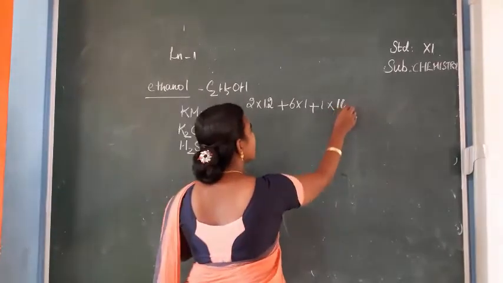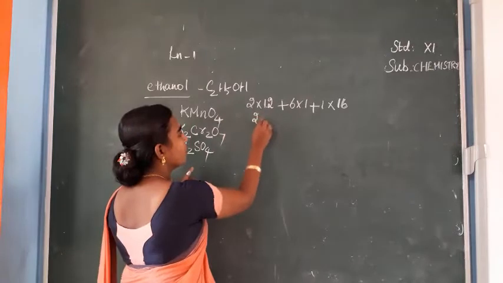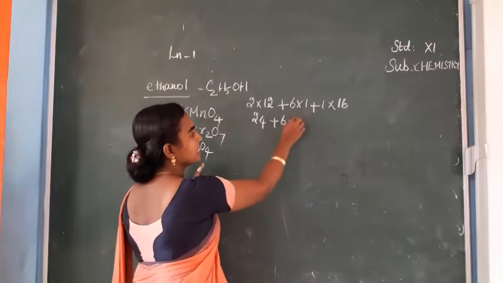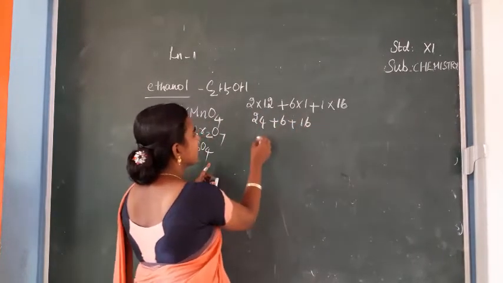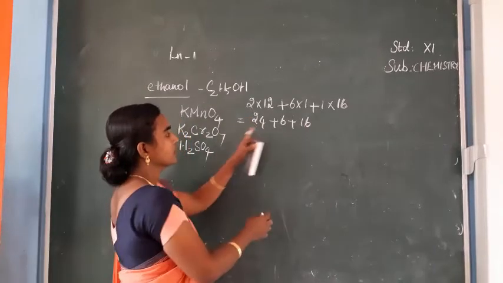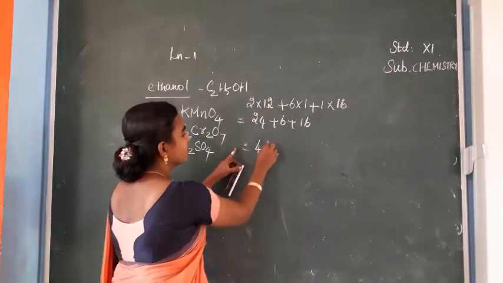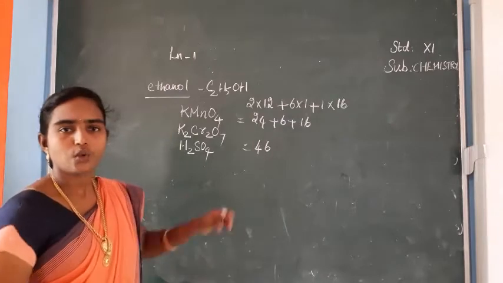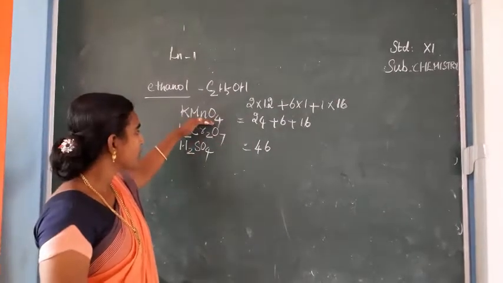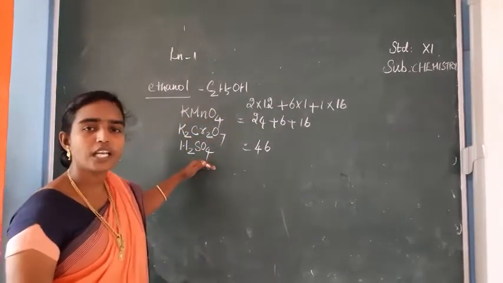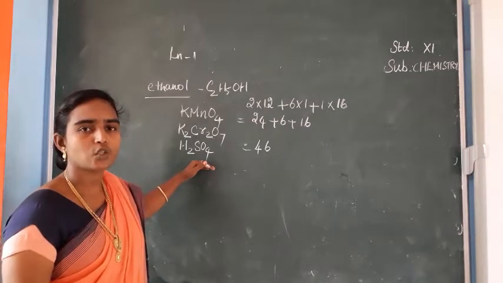When you add this, 24 plus 6 plus 16, you get 46, isn't it? Like this, for each molecule you can calculate the molecular mass of the compound.